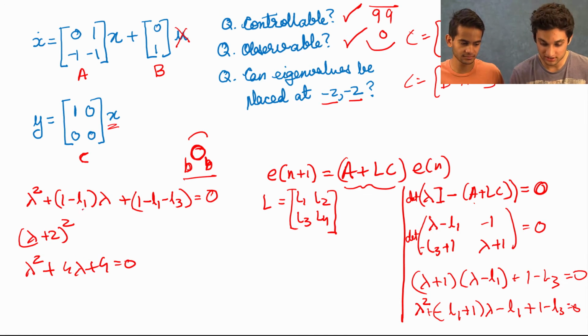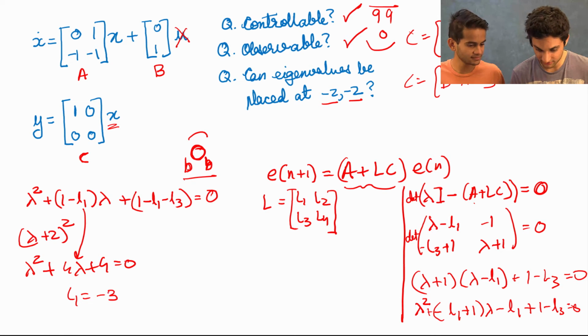Matching coefficients, 1 minus L1 is 4, so L1 is -3. And then this is 1 plus 3 minus L3, which is 4 minus L3, which tells us that L3 is equal to 0.